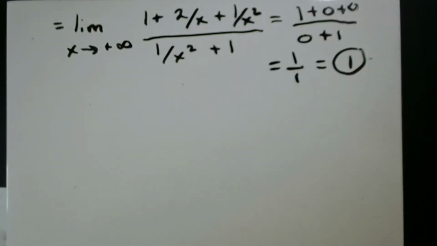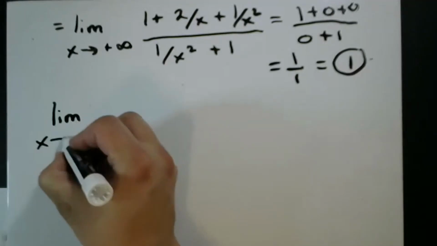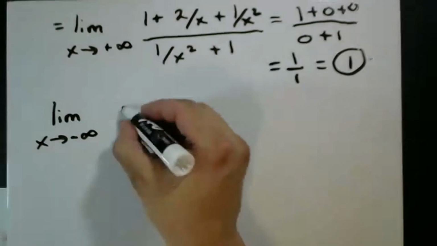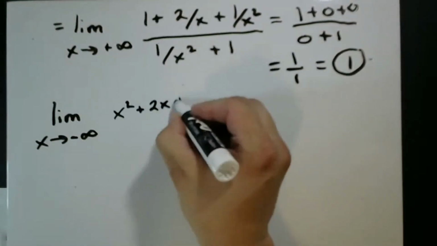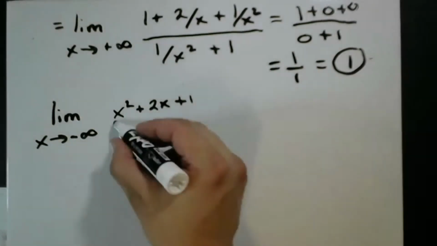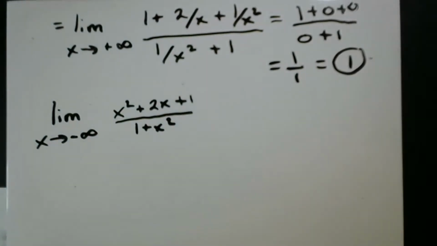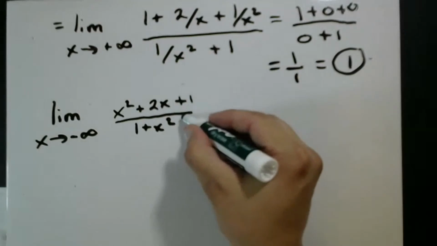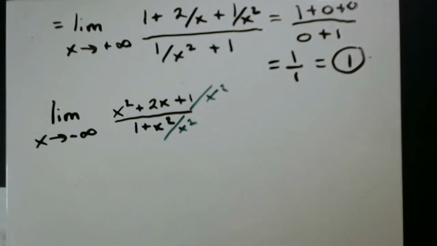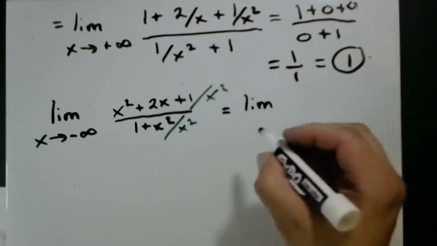And then we'll use the same trick. If you use the exact same trick as x goes to negative infinity, again, we'll divide the entire denominator by x squared, entire numerator by x squared. I'm going to skip a step here. I'm just going to kind of cut to it.